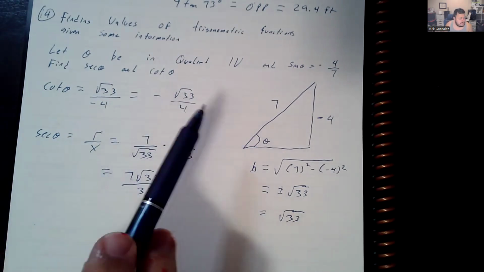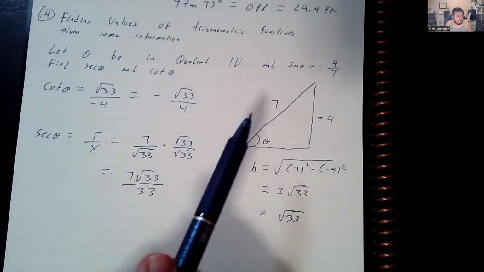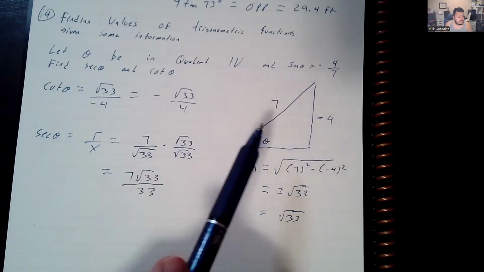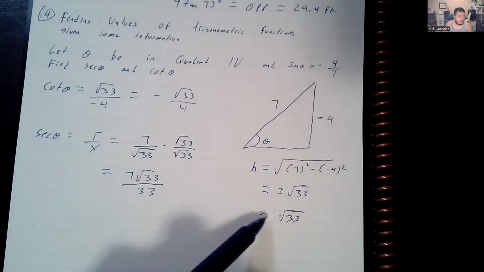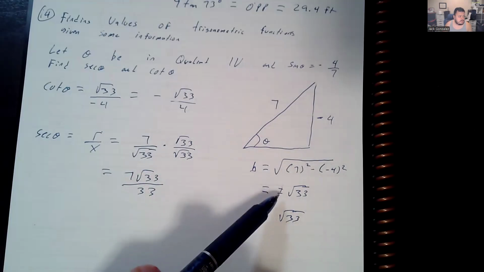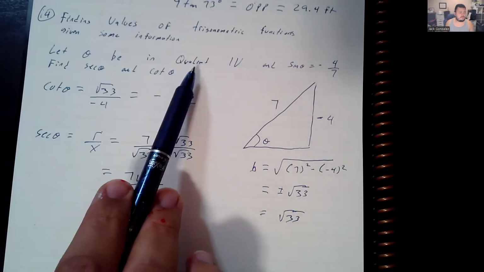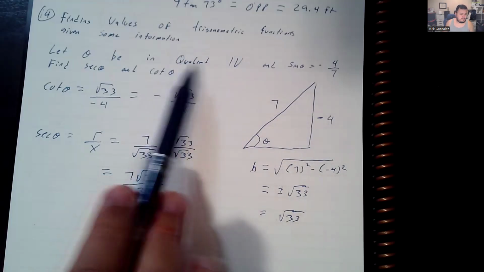So whenever they give you some info and they want you to find the trig functions, build the triangle, solve the triangle using your x squared plus y squared equals r squared. Find the missing piece, which I did real quick here. Choose the correct sign, plus or minus, depending on the quadrant. Remember we said x and y are positive or negative depending on the location of theta. And I gave you some formulas for this.